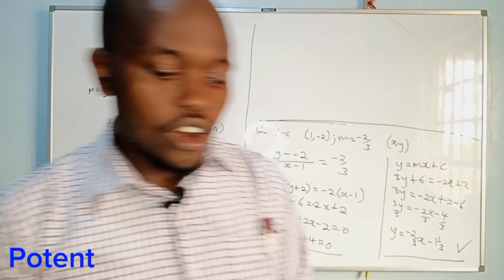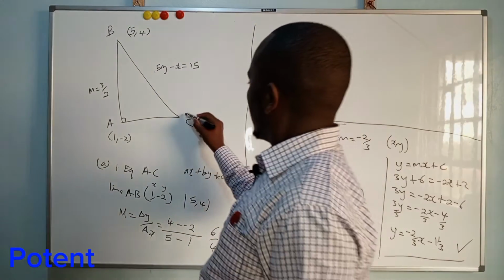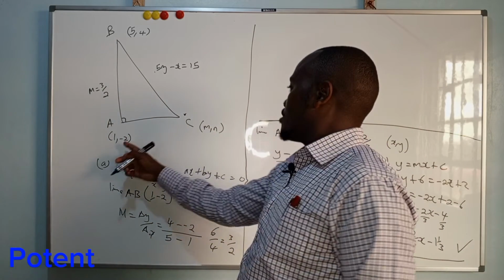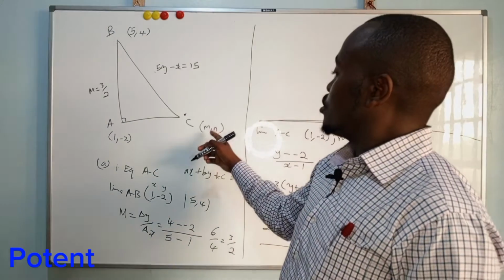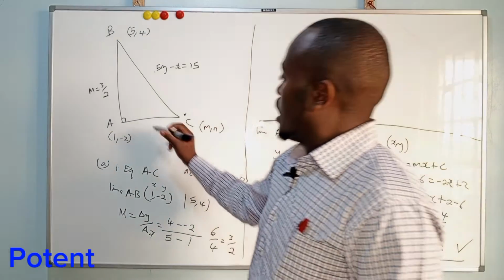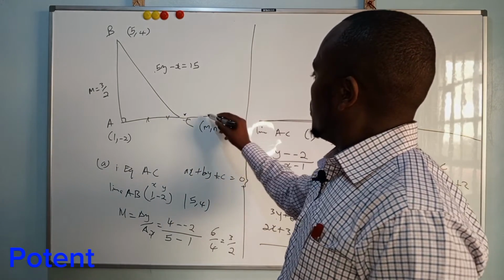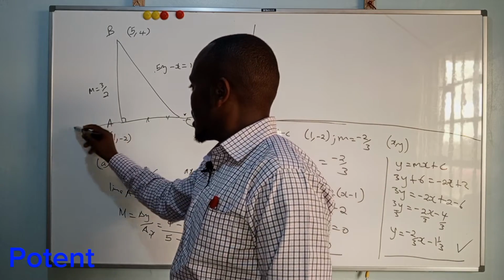You are asked the coordinates of point C, this one. So you have the equation of this line, and you have 1 point, and you are asked for the coordinates. It is difficult to know these coordinates because an equation can satisfy different points along that line, even if you extend this side.